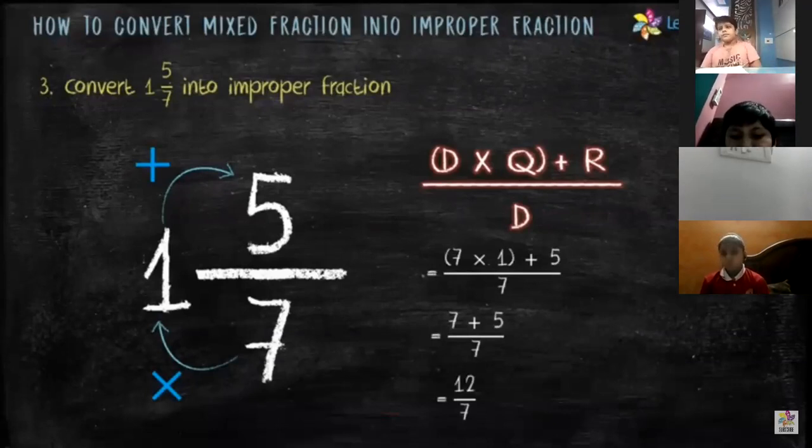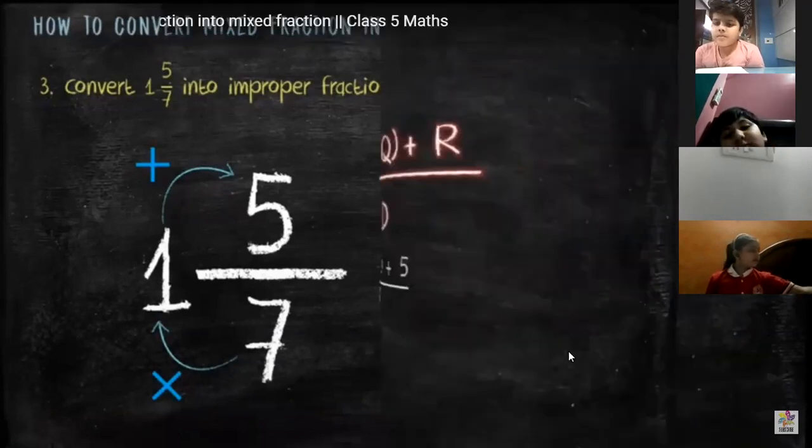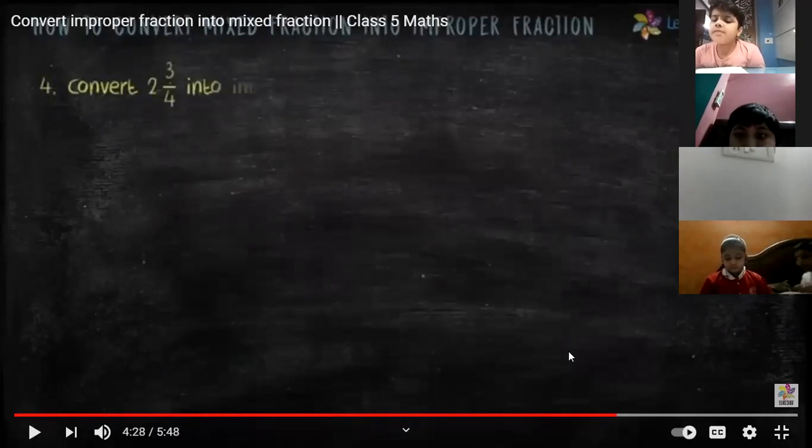So students, we have converted mixed fraction 1 5 by 7 into improper fraction 12 by 7. I hope all the concepts are clear to you. Let's take another. Is this particular concept clear? Yes or no? Yes, ma'am. Very good. So beta, here we are just going to take one more example.